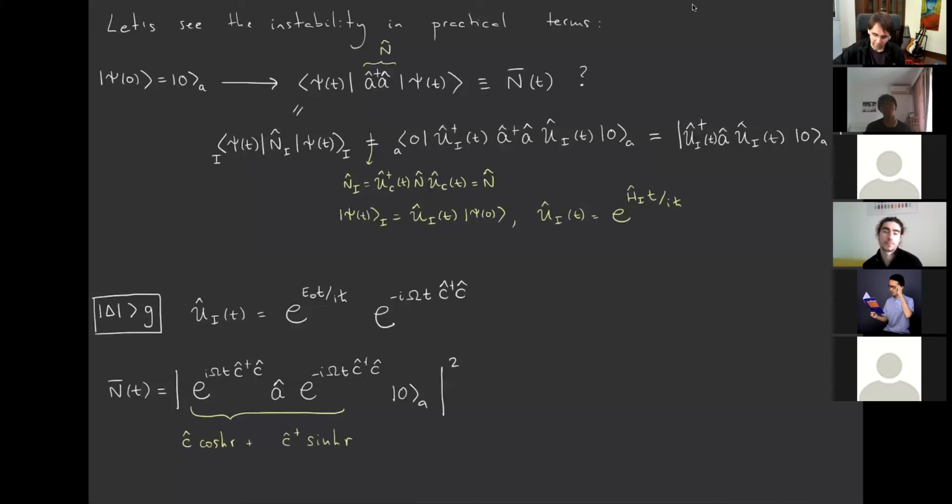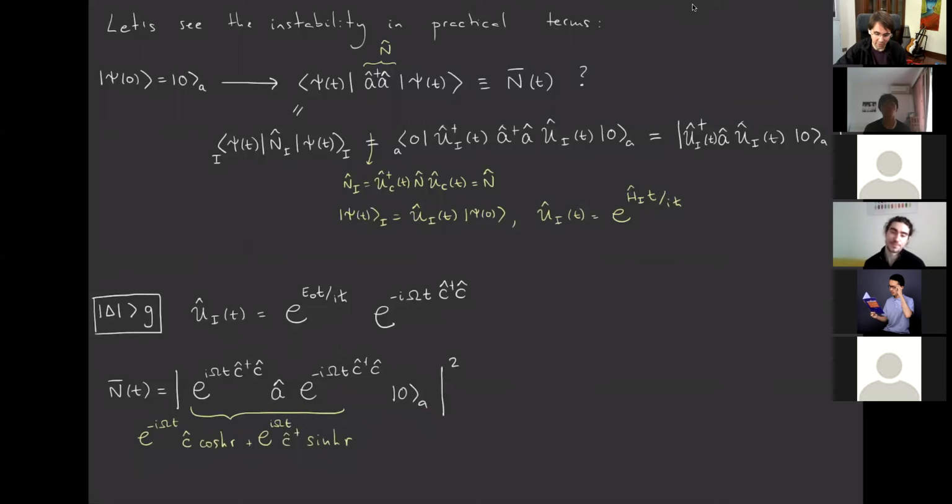Now we apply this unitary transformation onto C and C dagger, and this gives us e to the minus i omega t and e to the plus i omega t. So all this operator is just equal to this operator in here. And finally, we have this operator acting on the vacuum state of A.